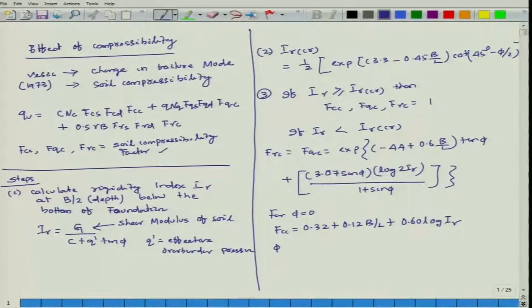For phi greater than 0, Fcc is equal to Fqc minus (1 minus Fqc) divided by (Nq tan phi). This is what he has given.